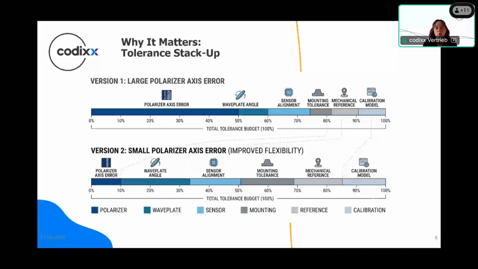Another point, also why it matters, like I said before, tolerances stack up. In real optical systems, no error comes alone. So the polarizer has a tolerance. This is just a sample setup. A wave plate, for example, has a tolerance. The sensor position has a tolerance. Mechanical mount, a software module, manufacturing processes.